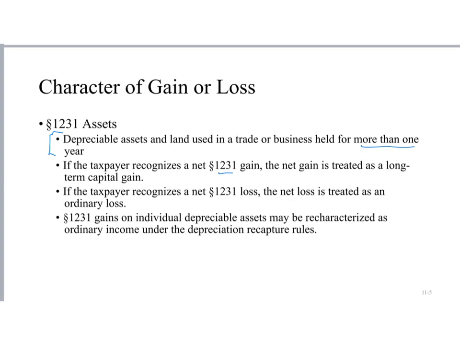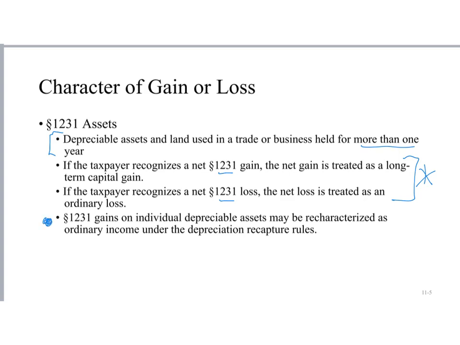If there's a 1231 loss, then that loss is treated as ordinary. So from a tax perspective, these two pieces are very beneficial to the taxpayer because your gains are taxed at preferential rates, but your losses are ordinary. So that's fantastic.